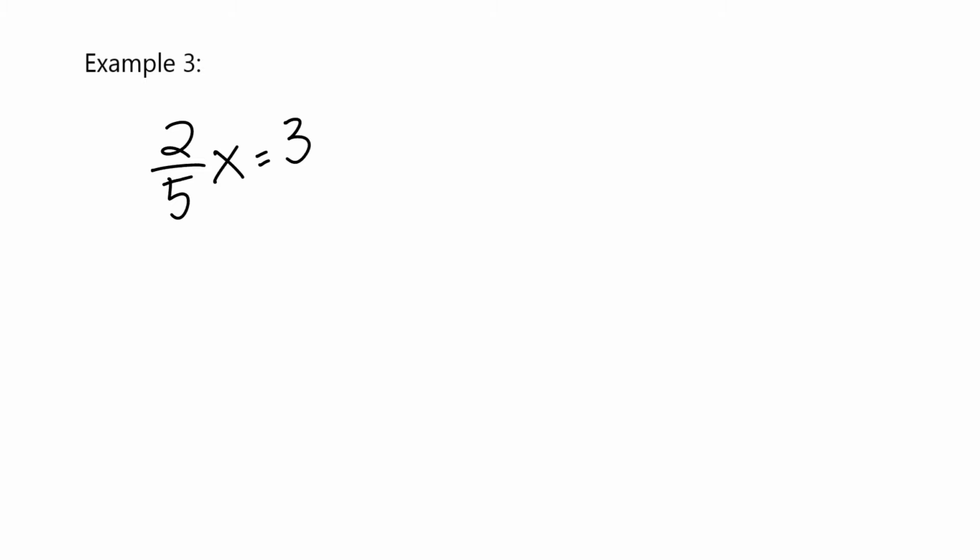Working with fractions can be scary, but it doesn't have to be. Look at this example: 2/5 x equals 3. If we want to get x by itself, we are going to need to get rid of 2/5. There's a couple of ways you could think about this. The first way is to think of the 2 and the 5 separately.